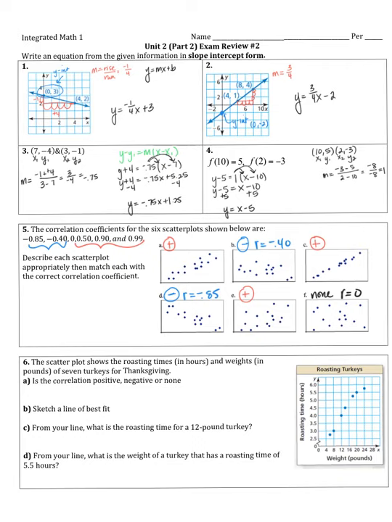Now, turning my attention to my positive graphs, between graph A, E, and C, which one is the most linear? I can determine that's graph C, and I would give it a correlation coefficient of 0.99.